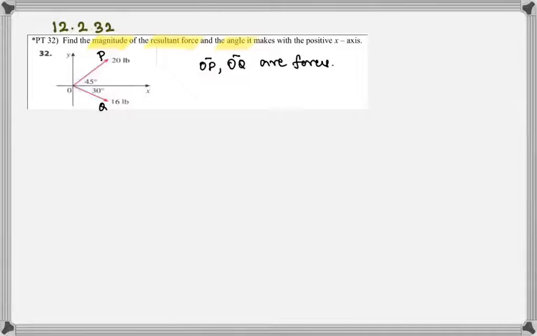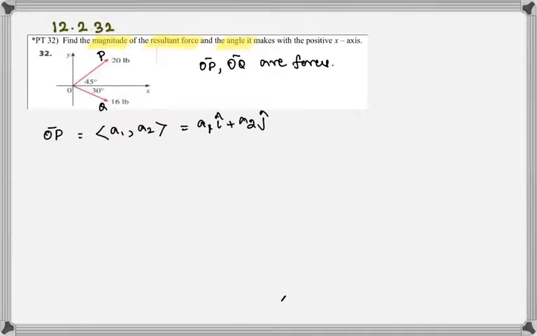So if we write vector OP in the component form, we are going to write this as component form A1, A2, which can also be written as A1 i plus A2 j using the standard basis vectors.